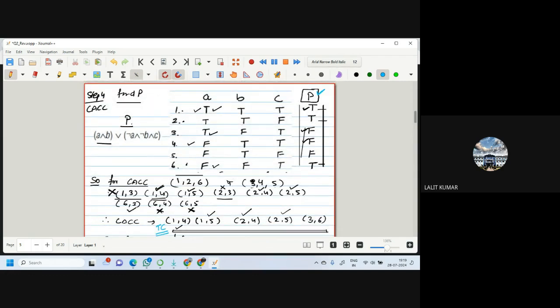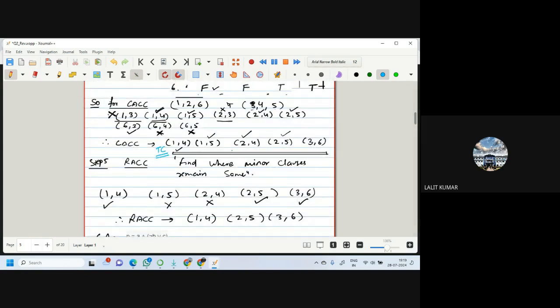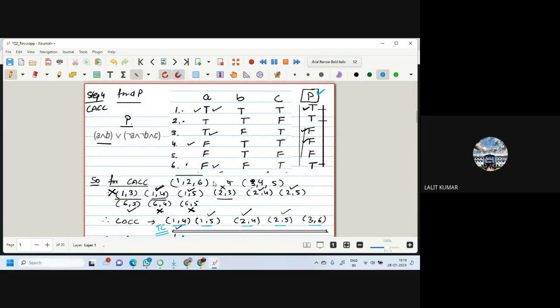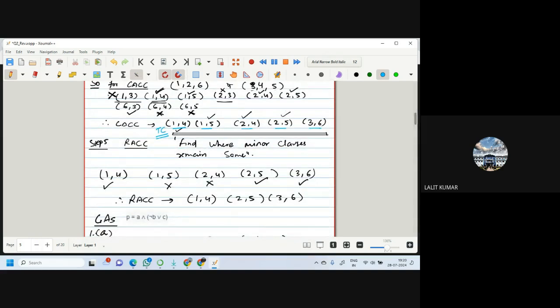Now for RACC there is one more restriction, that the minor clause has to be the same. So now here: 1, 4, 1, 5, 2, 4, 2, 5, and 3, 6. Now I check this. I come to 1, 4. Yes, the minor clause is the same. So my 1, 4 is a RACC.